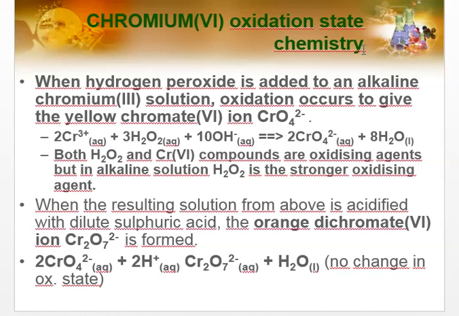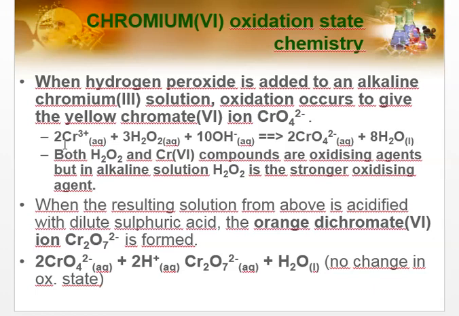Chromium 6 oxidation state, the chemistry of chromium 6. When hydrogen peroxide is added to an alkaline chromium 3 solution, oxidation occurs to give the yellow chromate 6 ion. This is chromate, with oxidation degree of chromium plus 6.